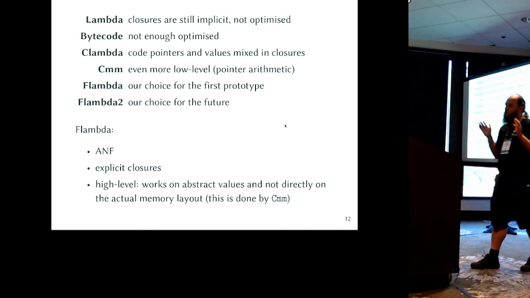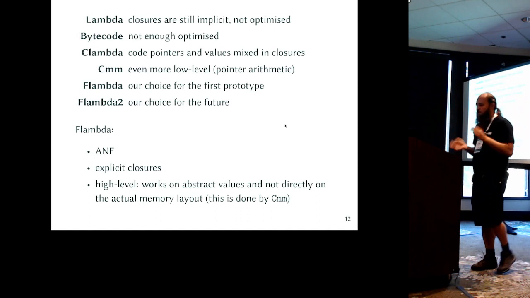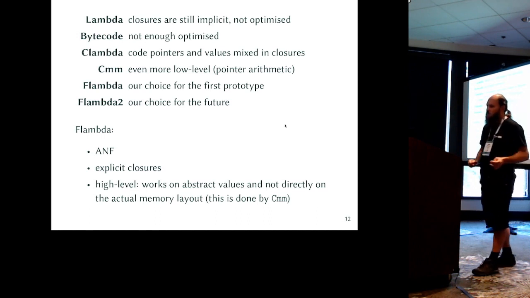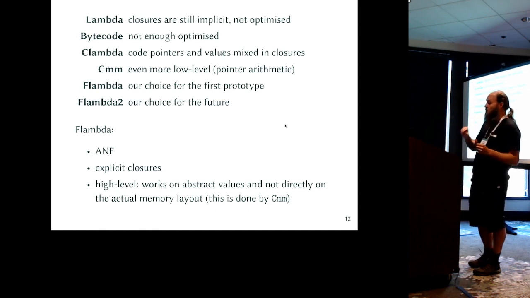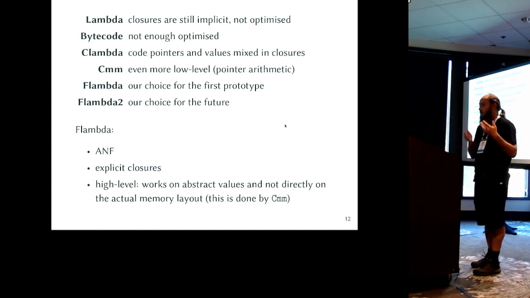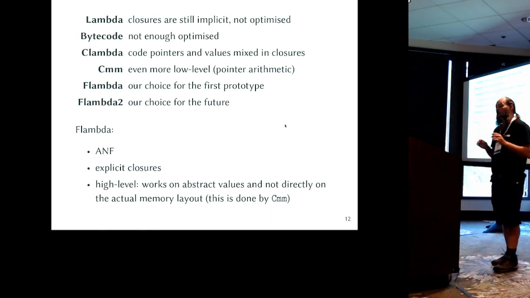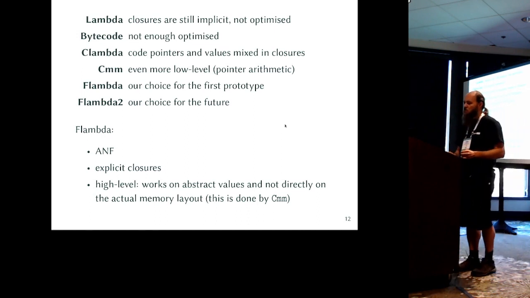So why did we choose that level? Basically everything before Flambda is a bit too high level and not very convenient for us, because Wasm-GC has functions, has blocks, values, and whatever, but doesn't have closures. And whatever is before Flambda doesn't have explicit closures in the language. Flambda has explicit closures, so you can separate the construction of the function and the construction of the actual closure.